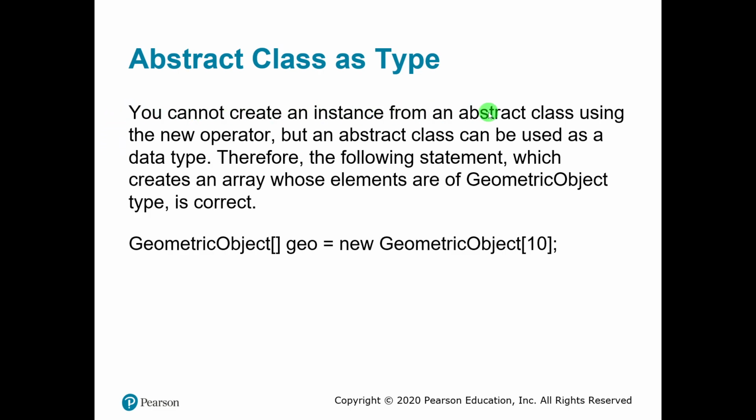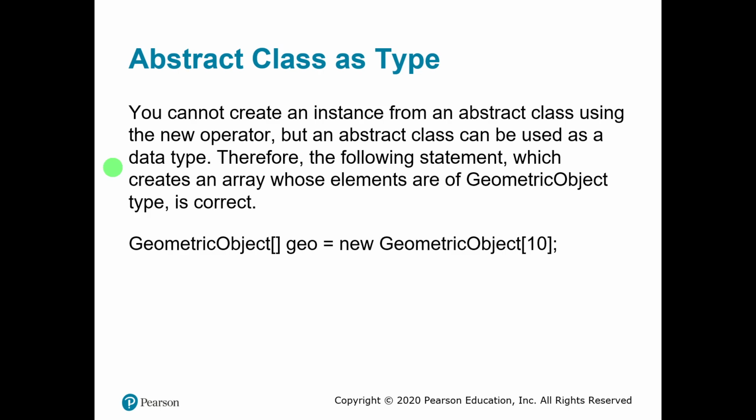We cannot create an instance from an abstract class using the new operator, but it can be used as a data type. So I can still define a circle and assign it to a variable of geometric object's type. So I can still use that type, which is handy because I could make a list of geometric objects, for example.